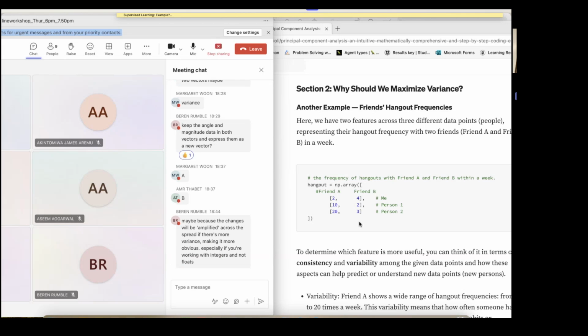But it's not compared to these 3 values. It's not like there's a big difference, so you may not be so confident that this value is an outgoing person. But let's say the range is very, very different. If this is an outgoing person, it is likely that friend A will go out with him maybe 15 times, right?